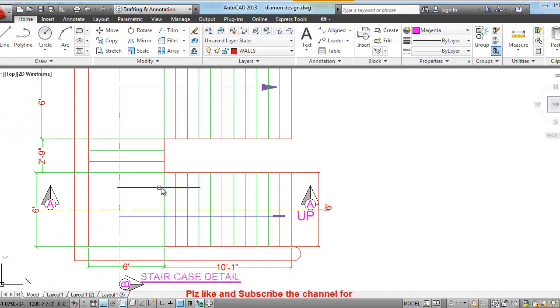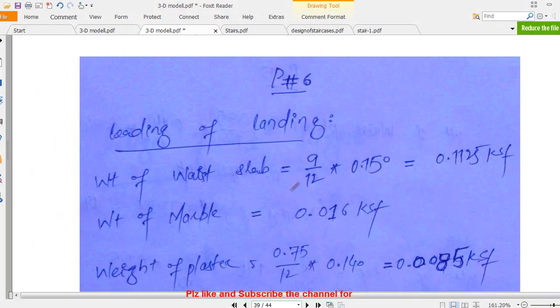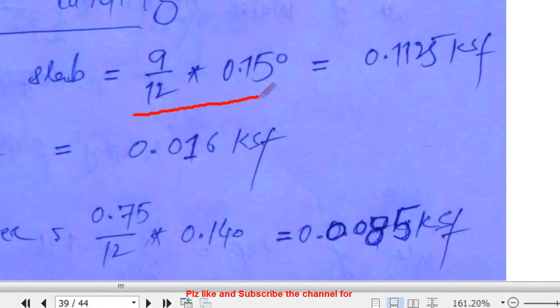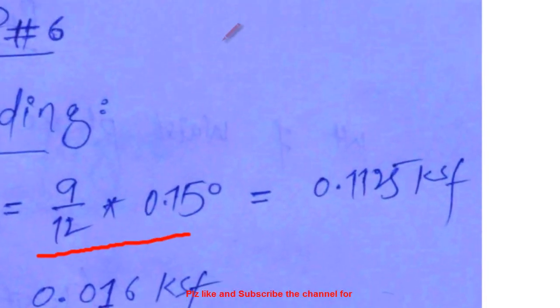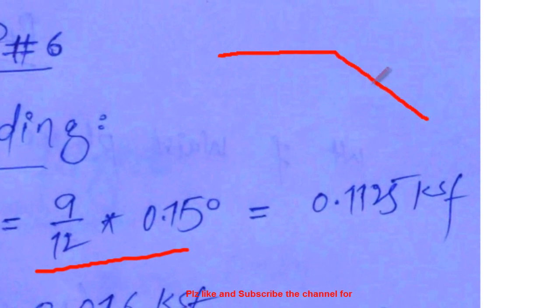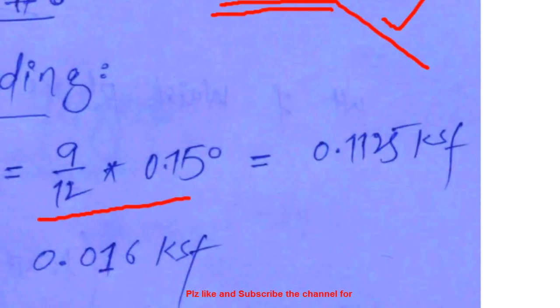Now we start loading the landing. This is important, that here we have a landing. On the landing, this is a horizontal surface, so we have to skip those factors. The slab weight needs no factor, because that is a horizontal surface. Remember, here we have to use that factor, but the landing is totally horizontal, so we skip that factor.